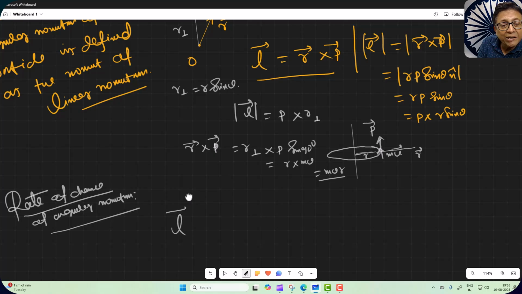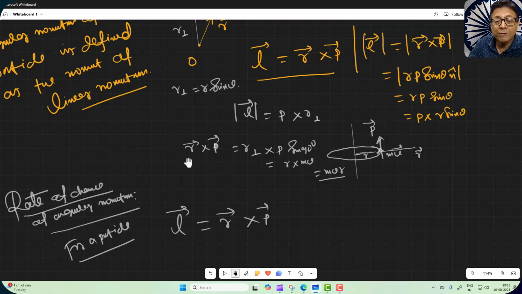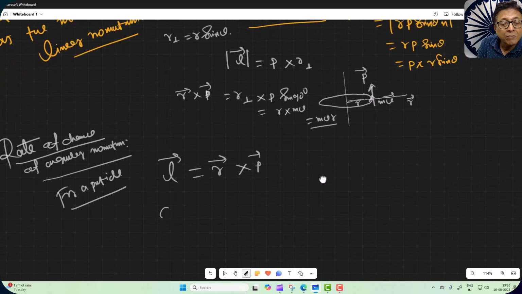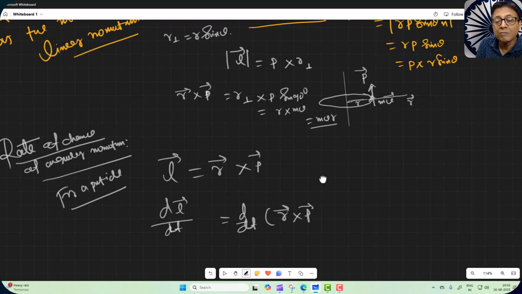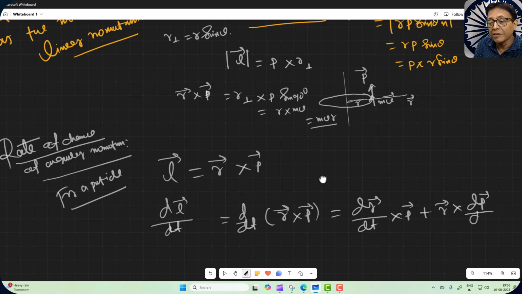We have L equal to, for a single particle, R cross P. This is for a particle. If we differentiate both sides, what will you get? dL by dt is going to be d by dt of R cross P. This is nothing but dR by dt cross P, by the product rule, plus R cross dP by dt.